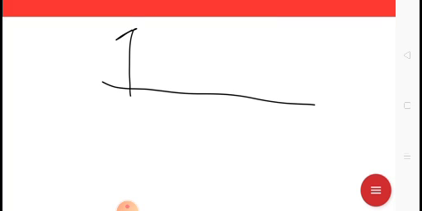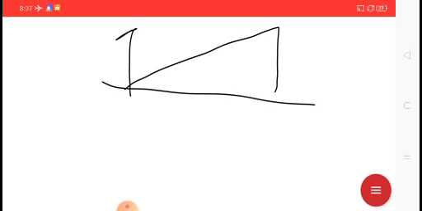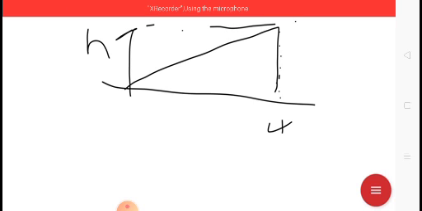Okay, question 2, what you have is a diagram like that. Here is 4, and this one is a dotted line, and the height is h, starting from 0. It is a continuous random variable. First one, find the value of h. For this question, the total area under the graph is equal to 1.